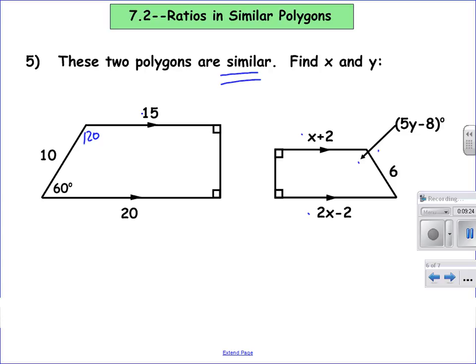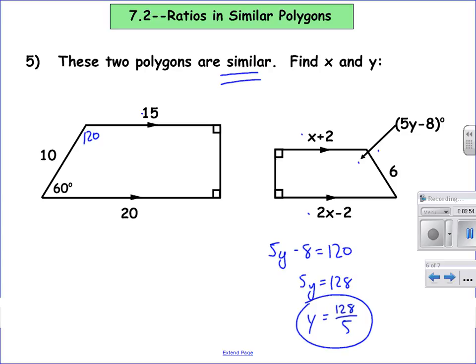So I can quickly say, let's 5y minus 8 equals 120 and solve. Okay, so now 5y equals 128, and y is going to be just a not very nice number, so we're just going to leave it as 128 over 5. So 25 and 3/5, something like that.